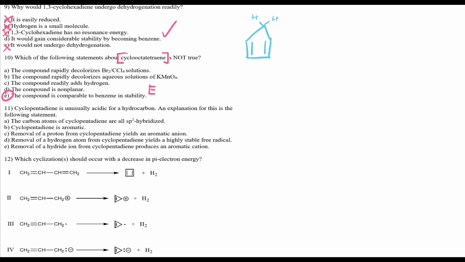Okay. Well, it's saying that we're really acidic, and acidic means that we're going to give up a hydrogen. So let's say sodium, right? And basically we're doing a very strong base, right? So we have sodium hydride or hydroxide. And if I give up my hydrogen, then what do we have? We have this.